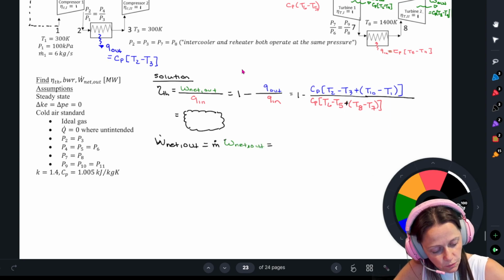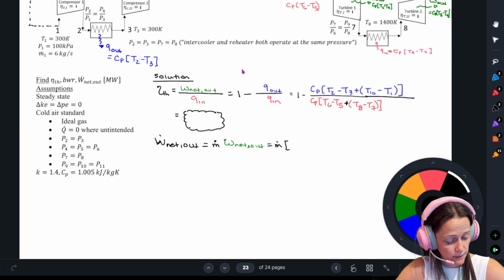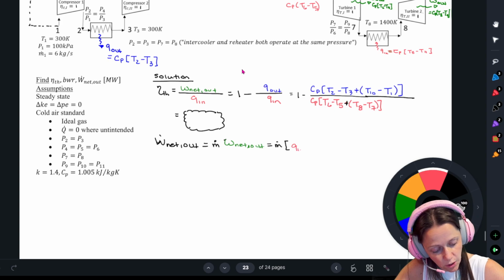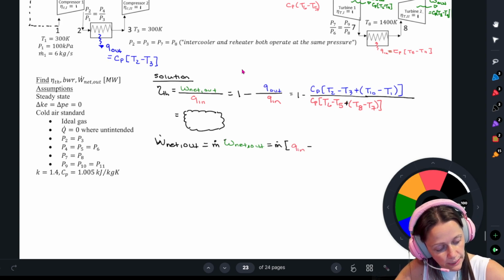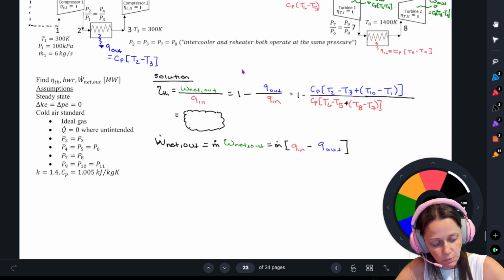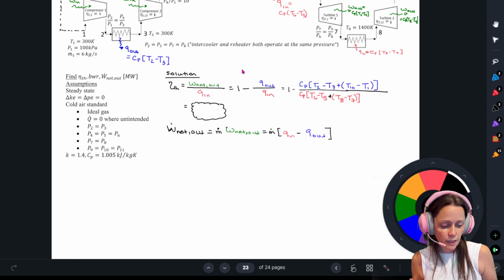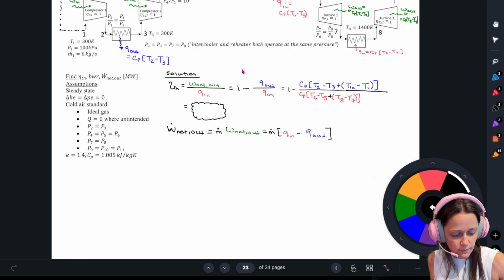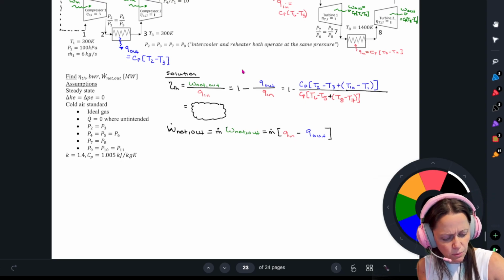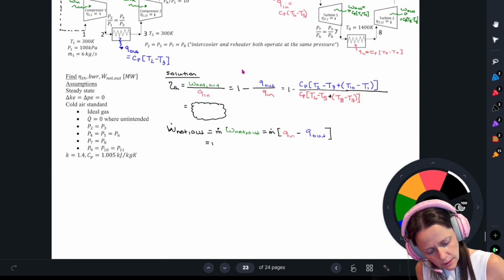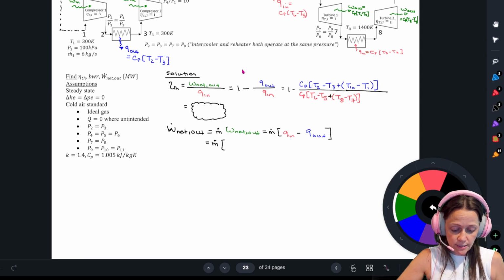You could also, if you'd rather, calculate it as Q dot net in. That would be any of the Q in minus any of the Q out. You should get the exact same number either way you do it. Since I've already defined Q in and Q out, I'll write it like work net out, but you should get the exact same thing again.